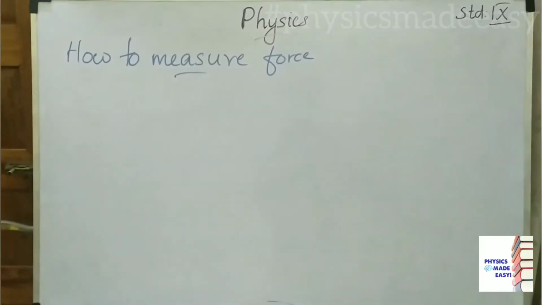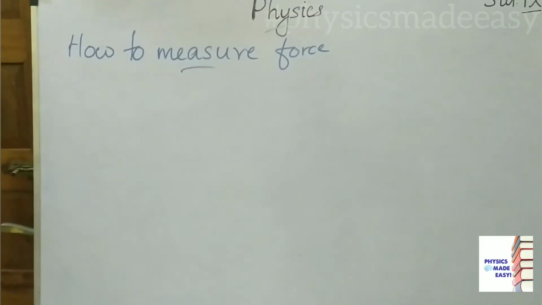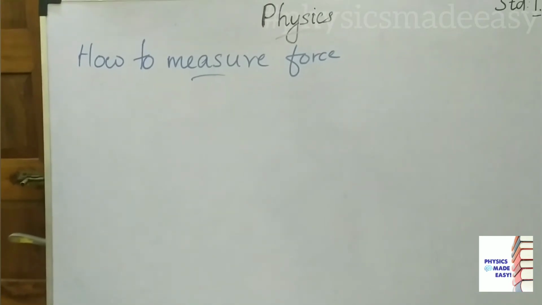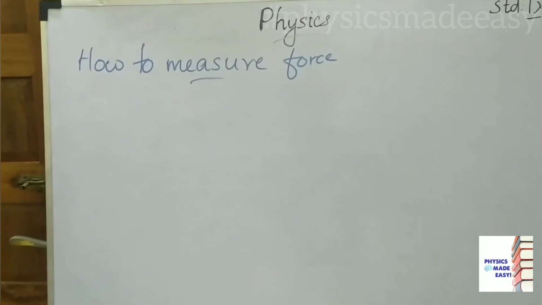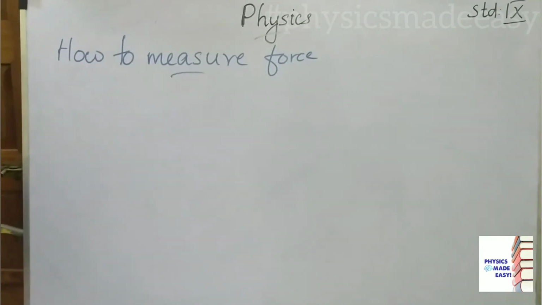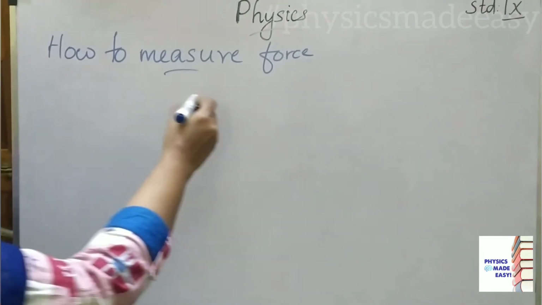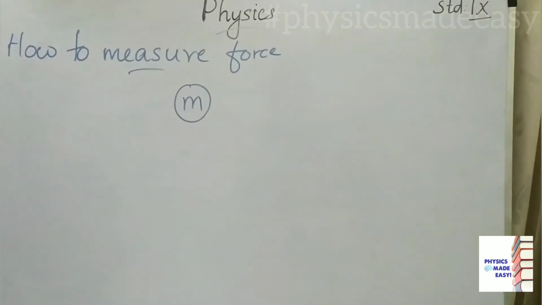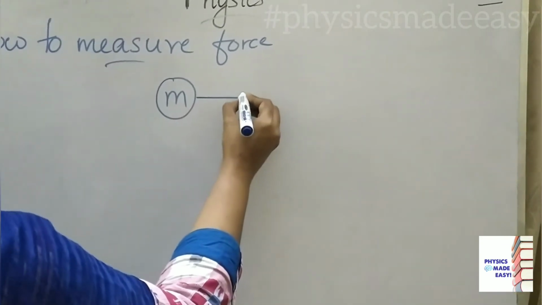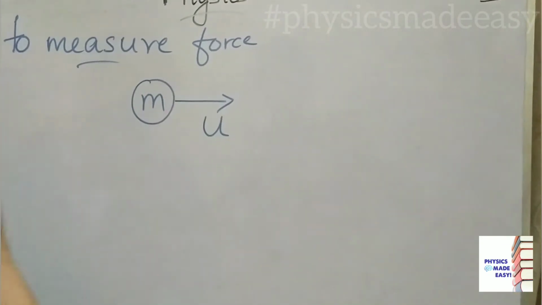Newton's first law could define force. Then how to measure force? From Newton's second law, we can derive an equation for force. How to measure force? For that, you have to consider an object having mass m moving with initial velocity u.